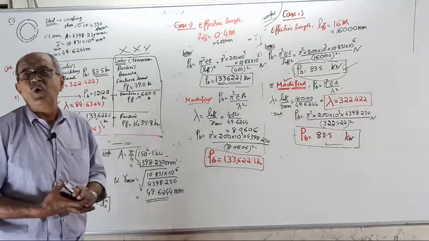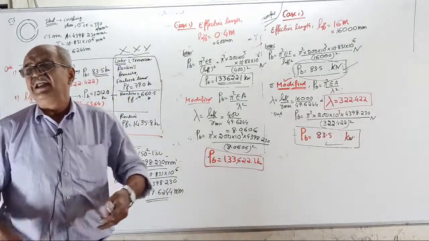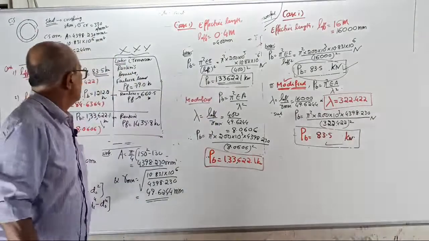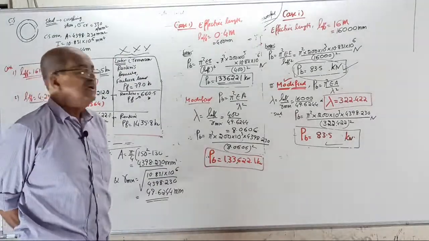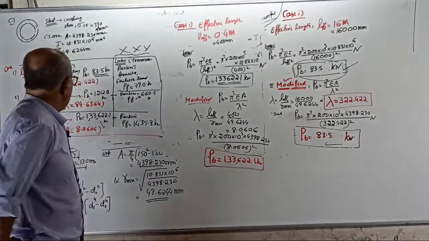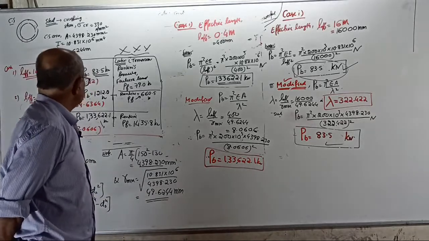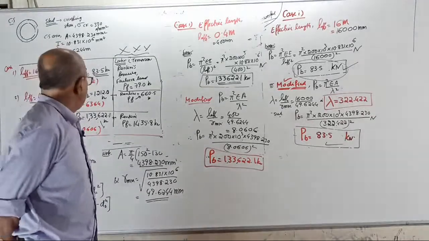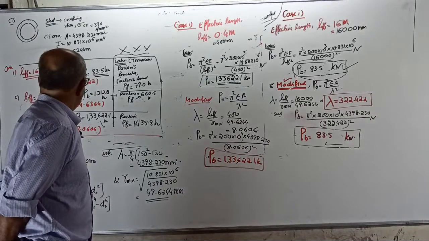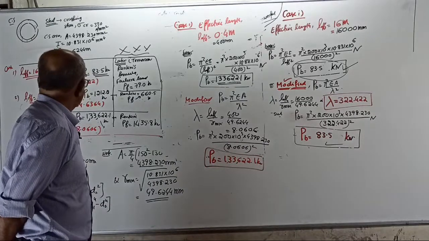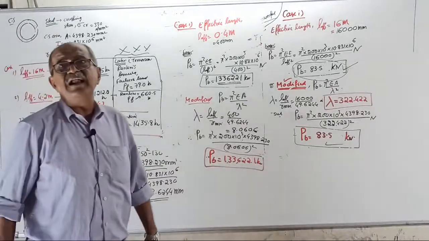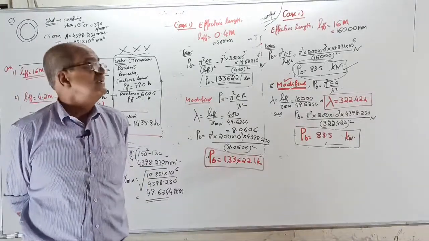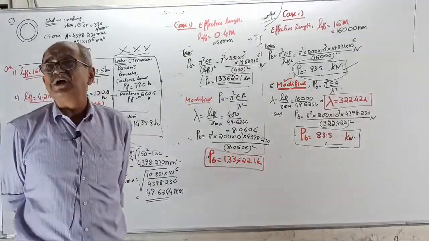1,33,622.1 kilonewton load, if this column can take, it is utter nonsense. But Euler will tell, according to my formula, this column will buckle at 1,33,622.1 kilonewton. That is nearly 13,362 tons. That is 13,000 tons.